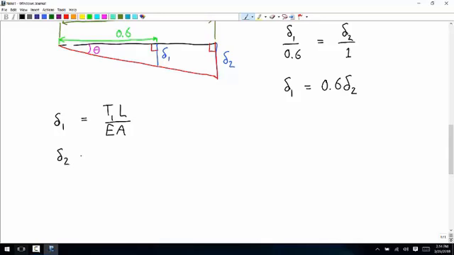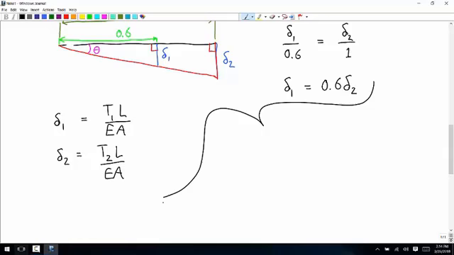And delta 2 is equal to T2 times L over EA. And so all of this together we can write as T1 L over EA is equal to 0.6 T2 L over EA.